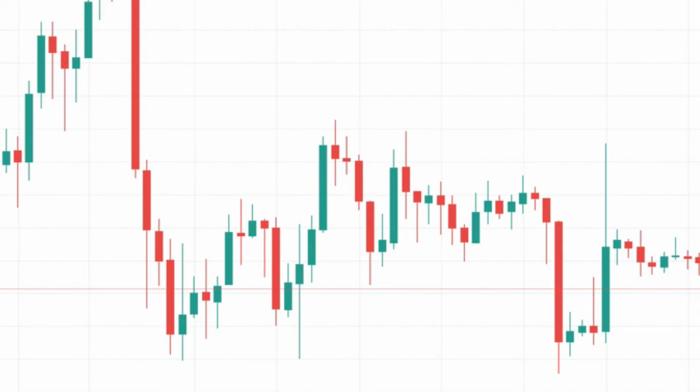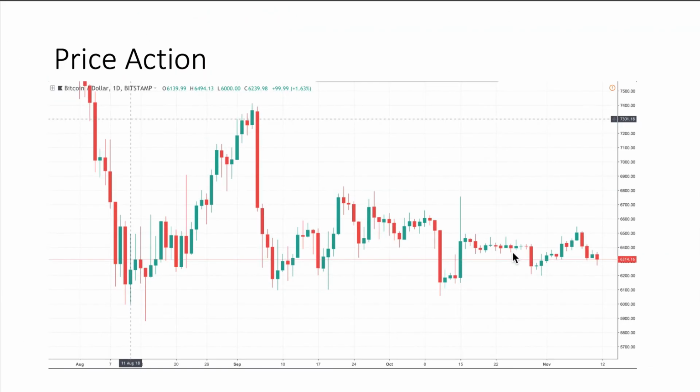On a 15-minute chart, each candle would represent 15 minutes. On a 5-minute chart, each candle would represent 5 minutes, and so on. At the bottom of the chart, the time is displayed in days. On the right-hand side of the chart, the price is displayed in US dollars.